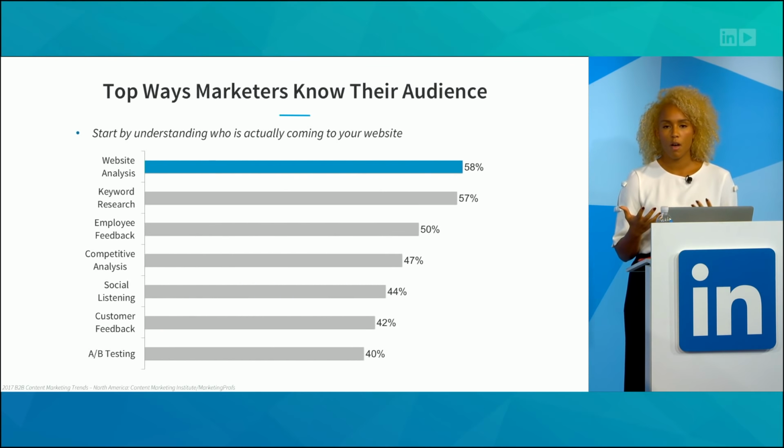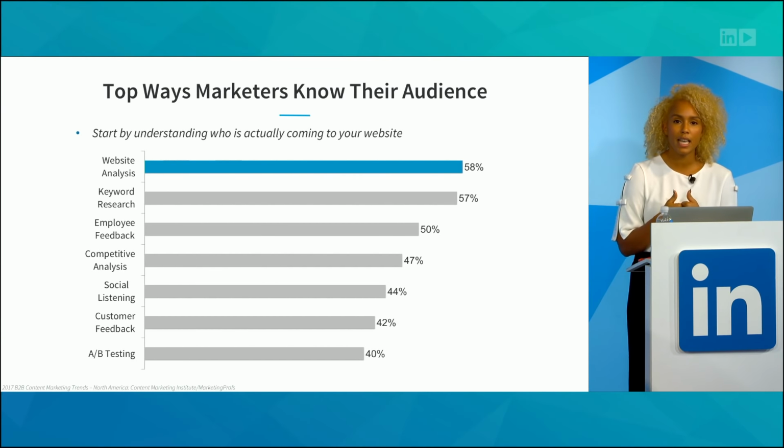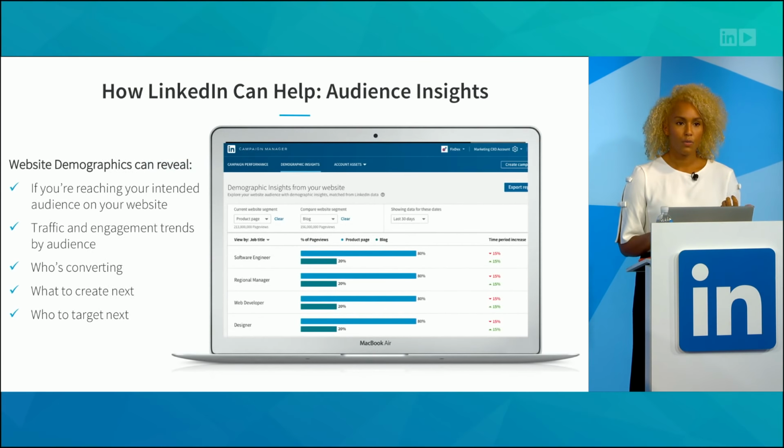So now that we know what topics are really important, we have to quantify our audiences. I know that you know what your audiences are, but LinkedIn can actually help you see who they are across all of your social and your organic. And that's through our website analytics tool called Website Demographics. So this is our audience insights that we leverage through our insight tag.